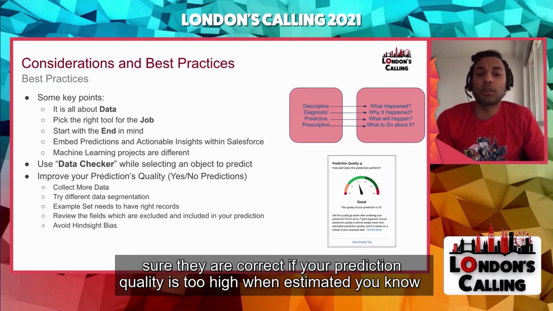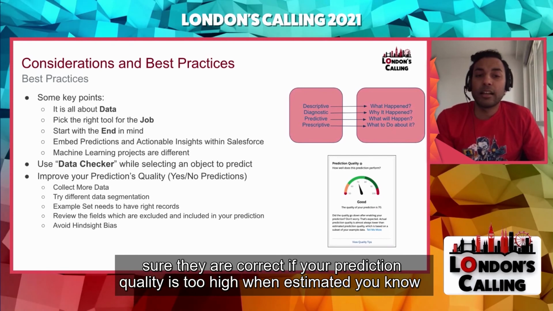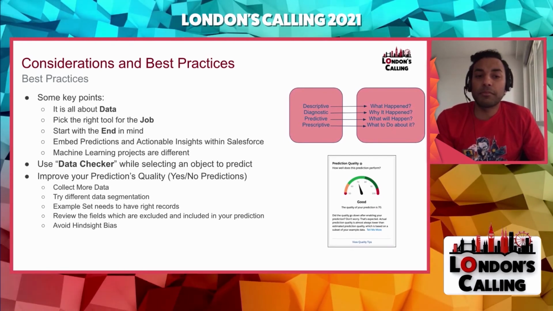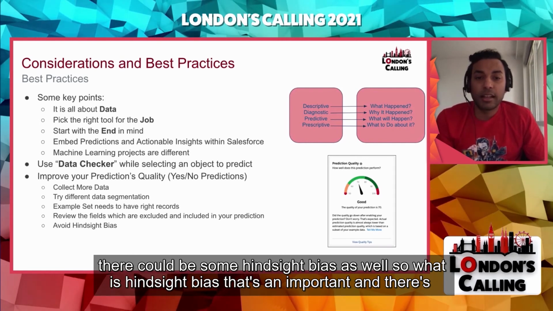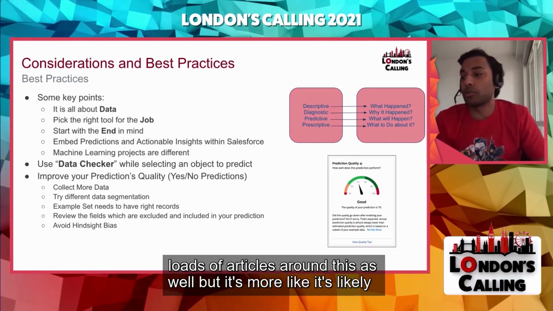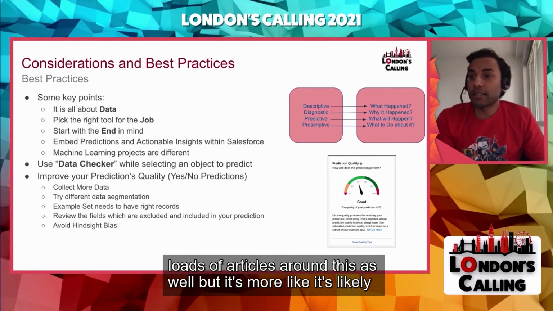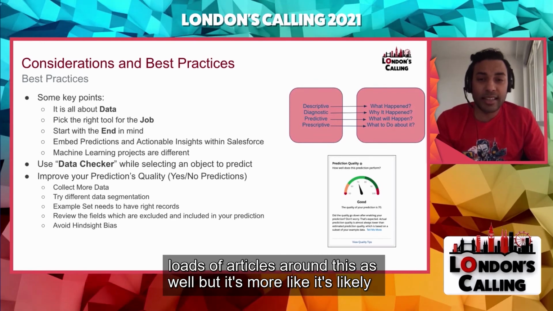If your prediction quality is too high when estimated, there could be some hindsight bias as well. So what is hindsight bias? That's important, and there are loads of articles around this as well.